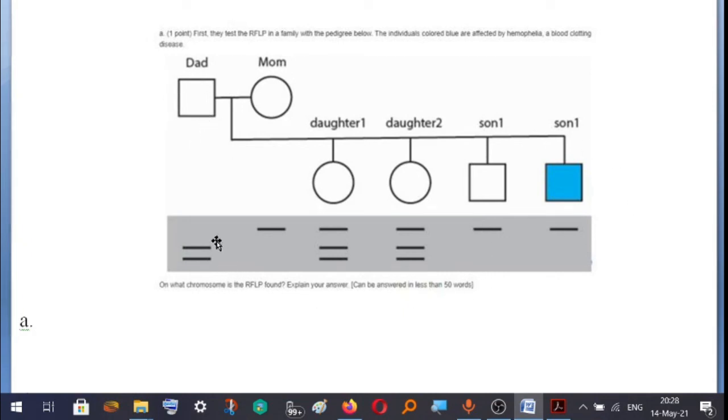However, we see that the DNA banding pattern of father is different from the DNA banding pattern of son. So this tells us that the SNP of interest is not present on the Y chromosome. Hence, we are left with only the X chromosome. So this tells us that the SNP of interest has to be on the X chromosome.